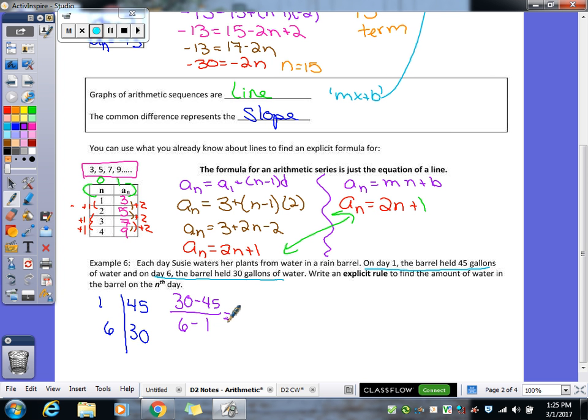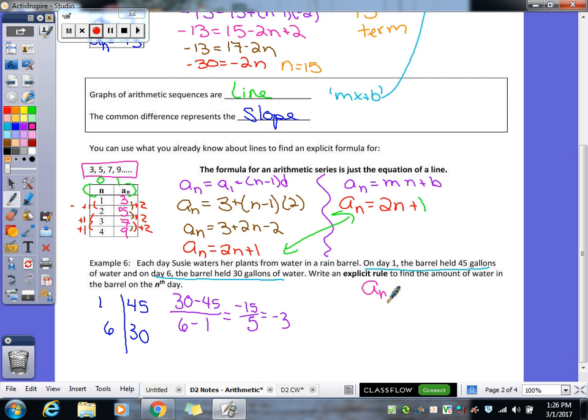So 30 minus 45 over 6 minus 1 gives us 5. So what does that reduce to? Negative 3. Does it make sense that our slope's negative? Yeah, because we go from 45 gallons down to 30. So it makes sense because it should be going down.